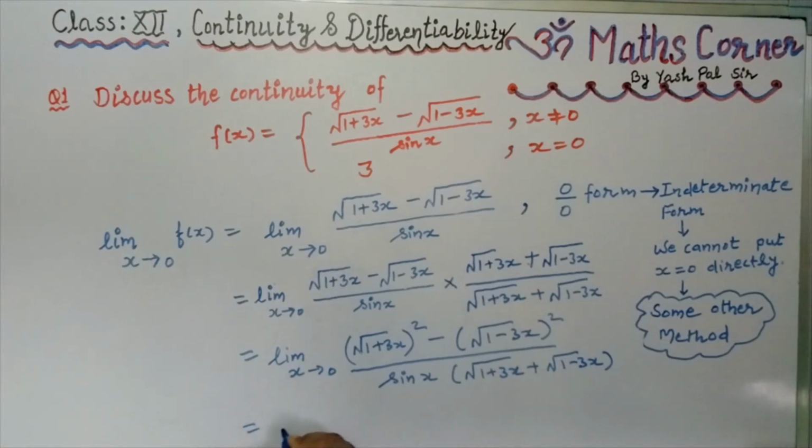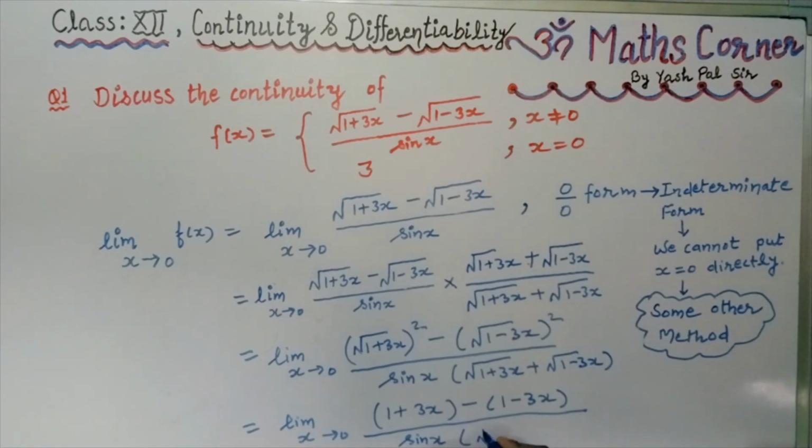Now further, what happens? Limit x approaches to 0. Square root and squares cancelled. What is there now? 1 plus 3x minus, square root square cancelled, 1 minus 3x. Right? So the denominator has no change: sin x into square root of 1 plus 3x plus square root of 1 minus 3x.